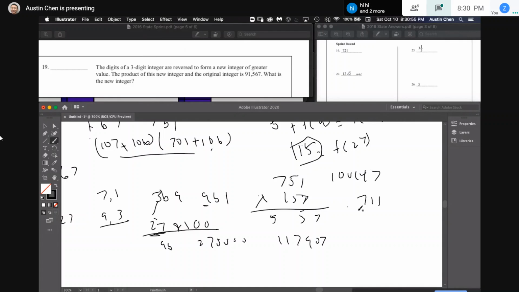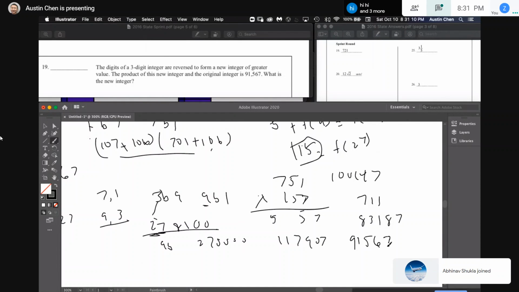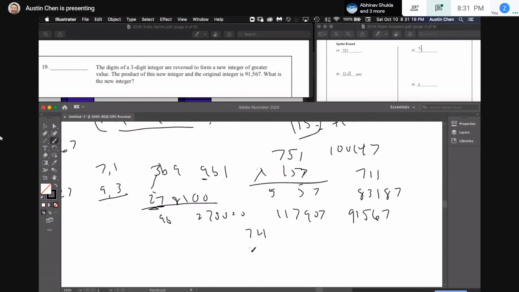Then we have too small of a number, 83187. So then we know it has to be 2. When we use 2, then we have 91567. So it has to be 721 and 127.